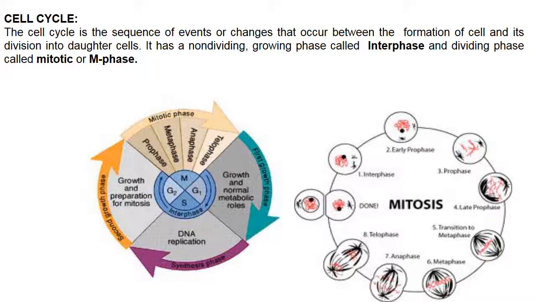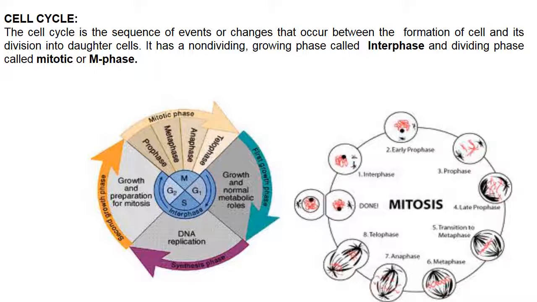Coming to cell division. The cell cycle is the sequence of events or changes that occur between the formation of a cell and its division into daughter cells. It has a non-dividing growing phase called interphase and a dividing phase called mitotic or M phase.